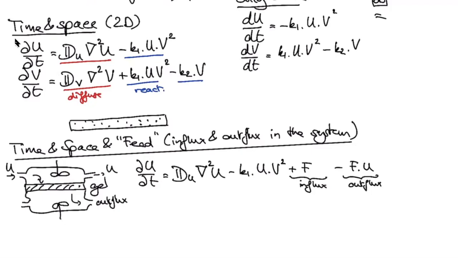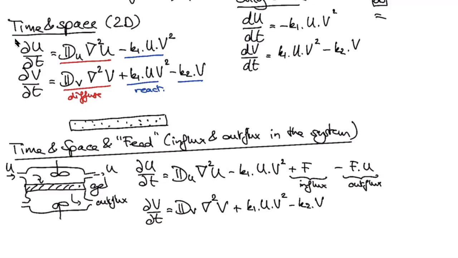And for v, dv/dt is the diffusion term, plus k1 times u times v squared minus k2 times v. I'm just copying from above.